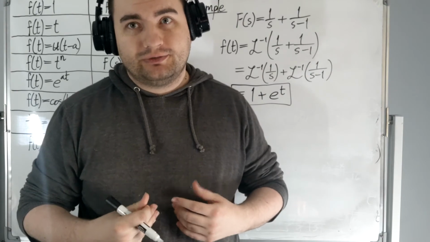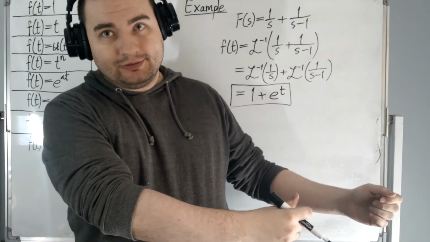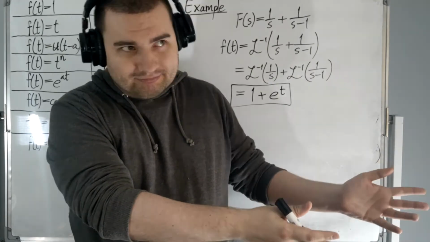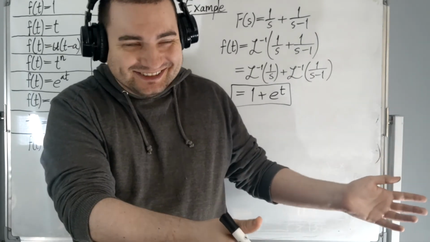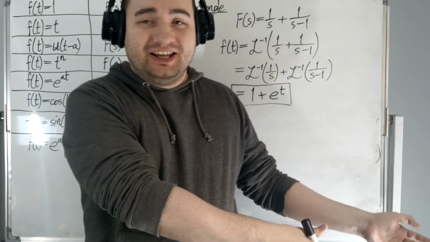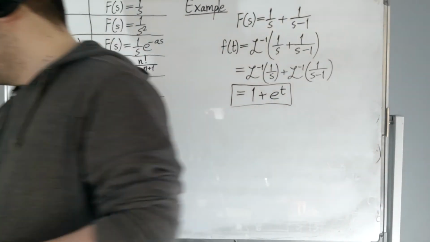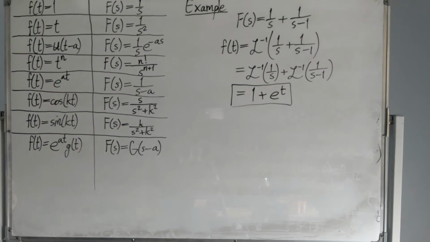Similarly with the Laplace transform, taking the Laplace transform is fairly easy, usually, sometimes. But taking the inverse Laplace transform can be much harder, depending on what's going on in your function. Okay? So let's just take a moment to talk about what sort of thing you might get here.